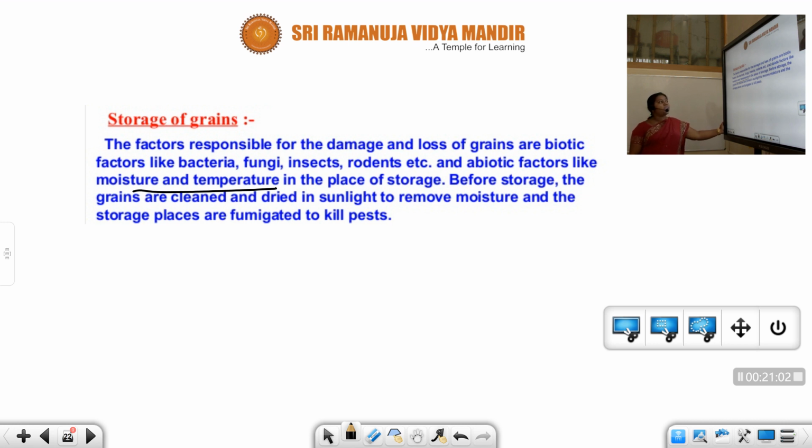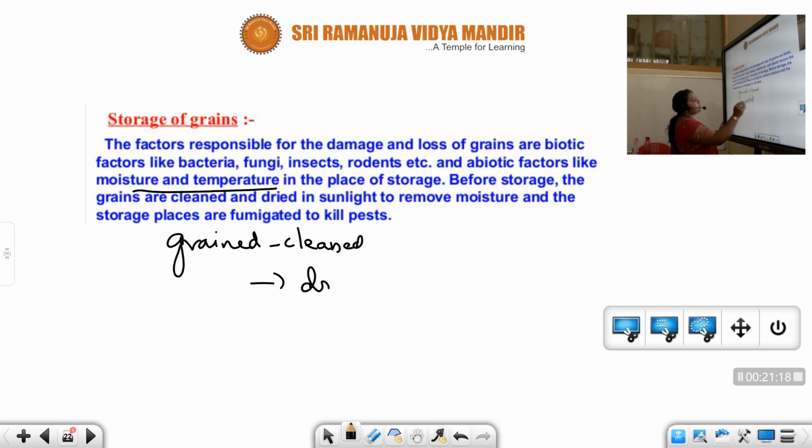Before storage, grains are cleaned and well dried in the sunlight to remove the moisture. So the grains are cleaned, students, and they will be dried in sunlight to remove the moisture.